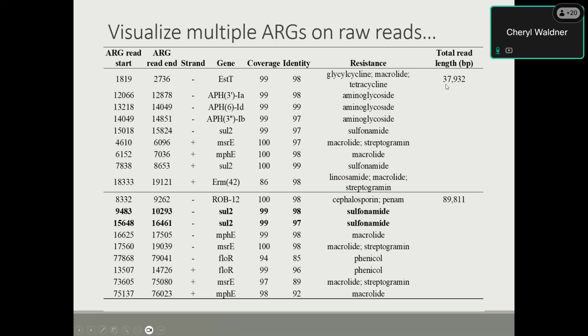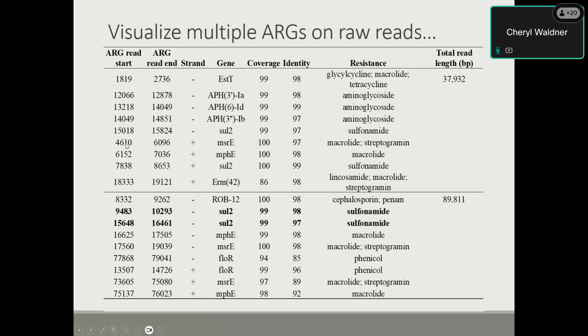This first set of rows here is one read that was 37,000 base pairs long. And on this single raw read, I've got an ESTT gene that tells me about macrolides. I've got some aminoglycoside genes. We don't use aminoglycosides in cattle at all. We've got a sulfonamide gene. We've got some more macrolide genes.